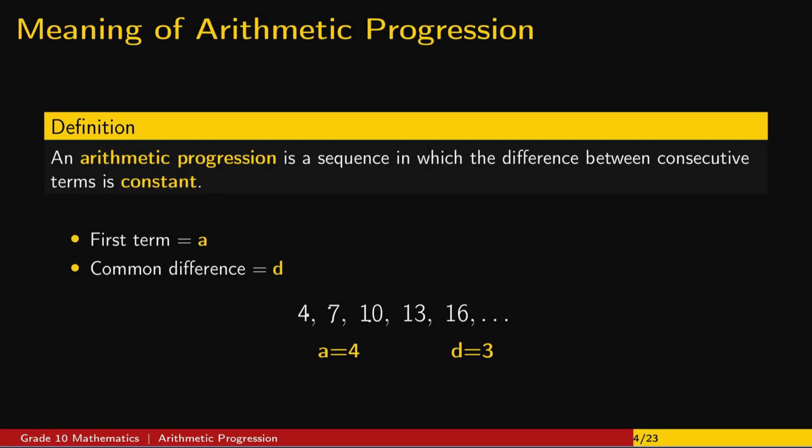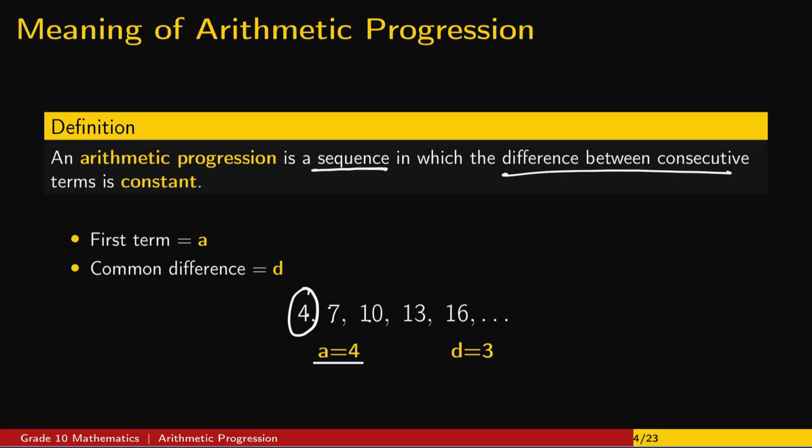Now, what is the meaning of an arithmetic progression? So from the warm up, guys, we understand that an arithmetic progression is just a sequence in which the difference between the consecutive term is the same. It does not change.